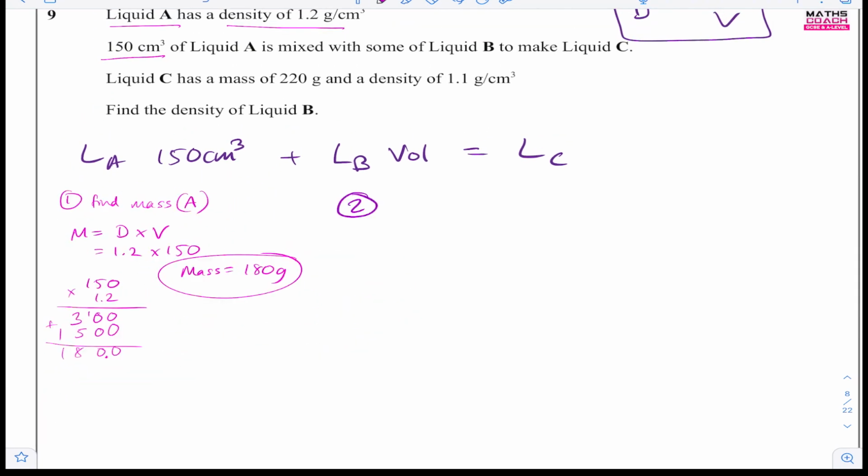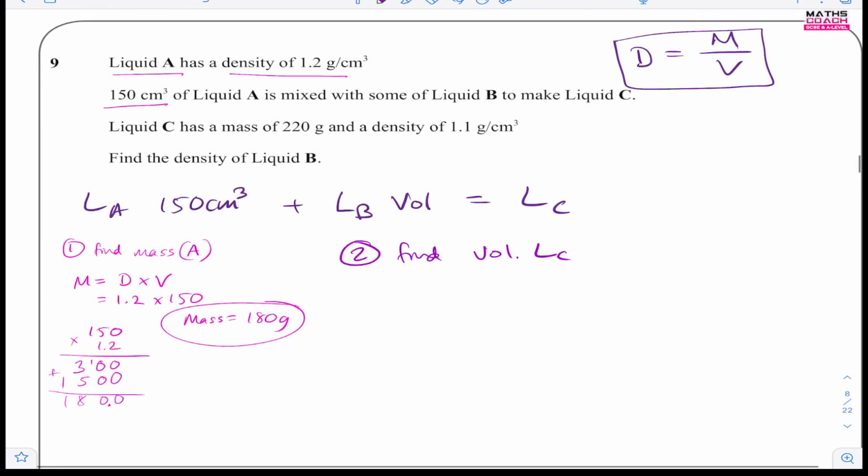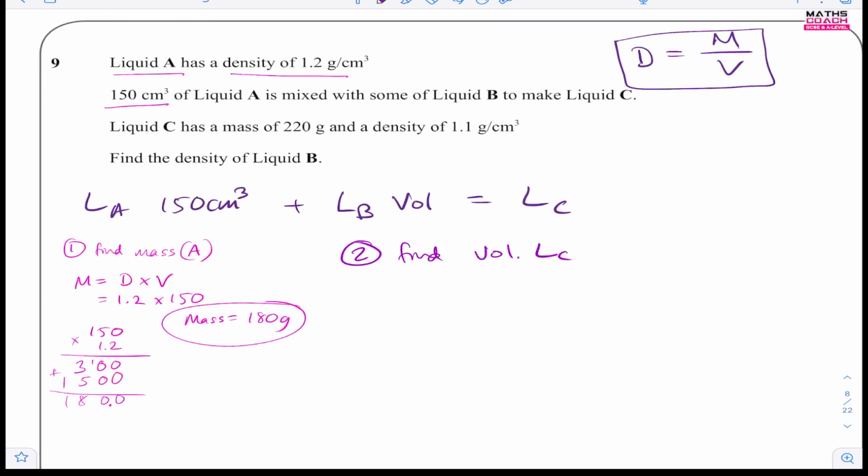Number 2, let's now find the volume of liquid C. So what do we know about liquid C? We are told that liquid C has a mass of 220 and a density of 1.1. So if we rearrange this in terms of V now, we have V is equal to mass divided by density. So the mass is 220 divided by 1.1.